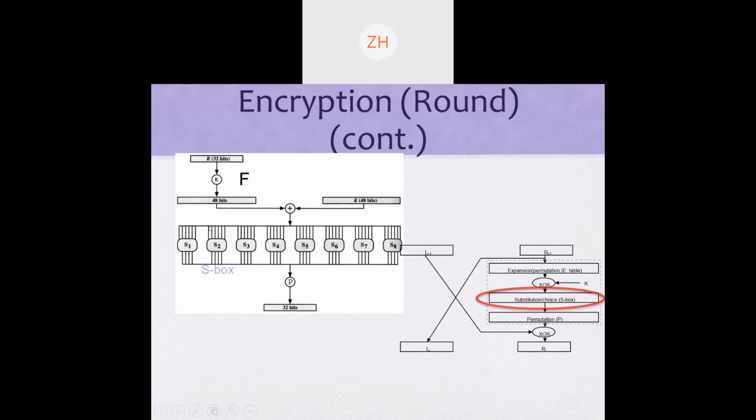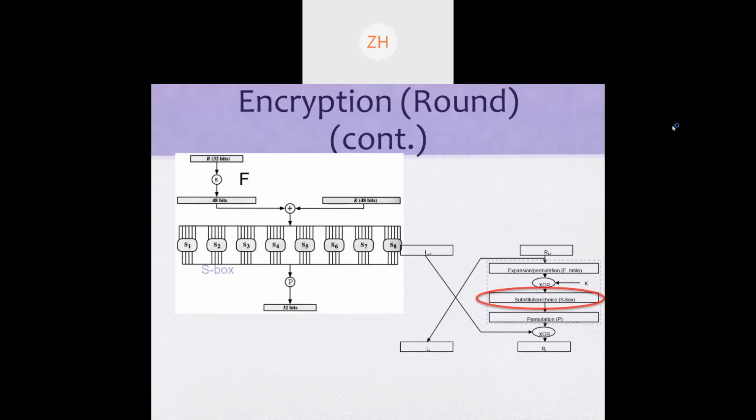So this 48 bits you will divide into 8 groups, because we will assign them to the 8 boxes.